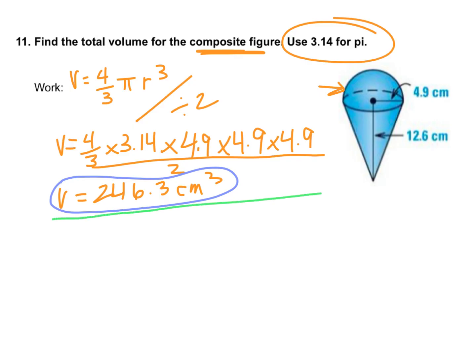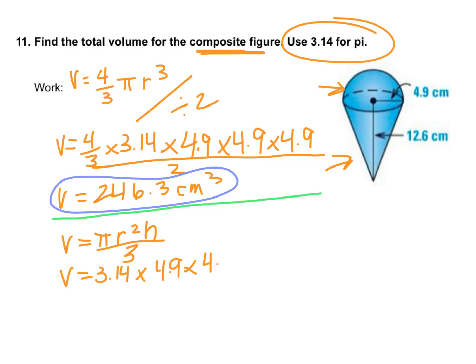And now the bottom shape is a cone. So get your formula written down. 1/3 pi r squared h, so we're going to use 3.14 times 4.9 times 4.9 times the height, and then all of that gets divided by 3.